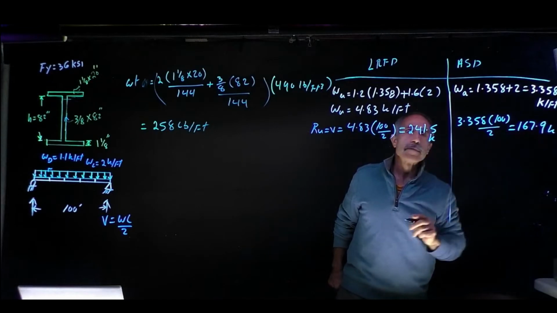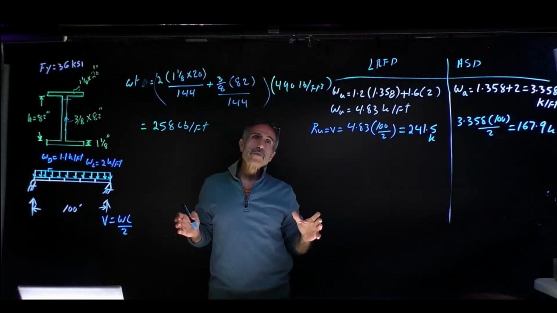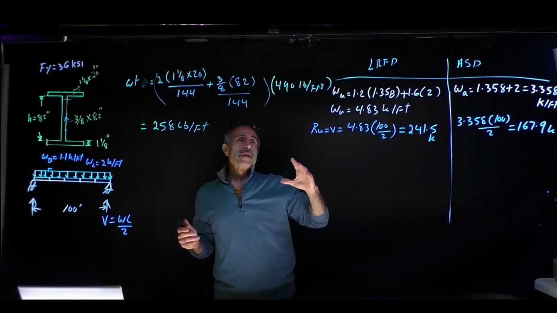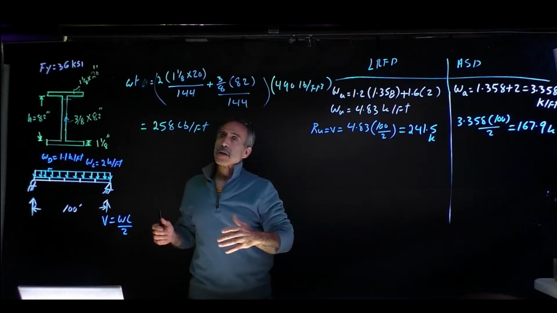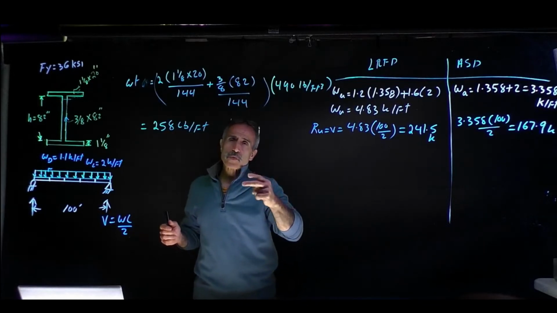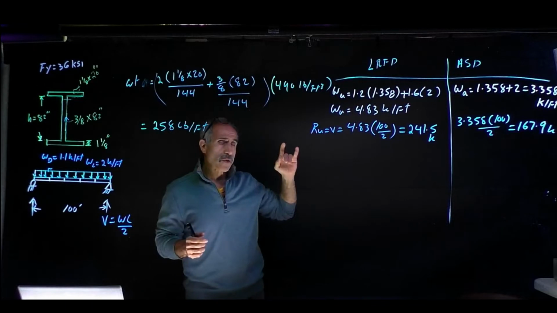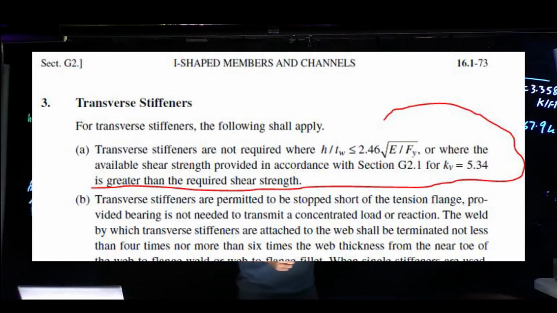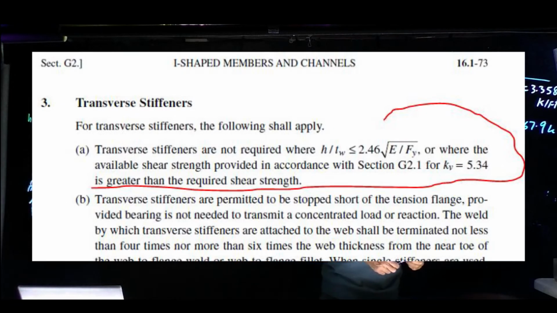So in order for us to find out whether we need a transverse stiffener or not, there are two conditions we have to satisfy. Take a look at what we have on the board, from section G2.1 in section 3.